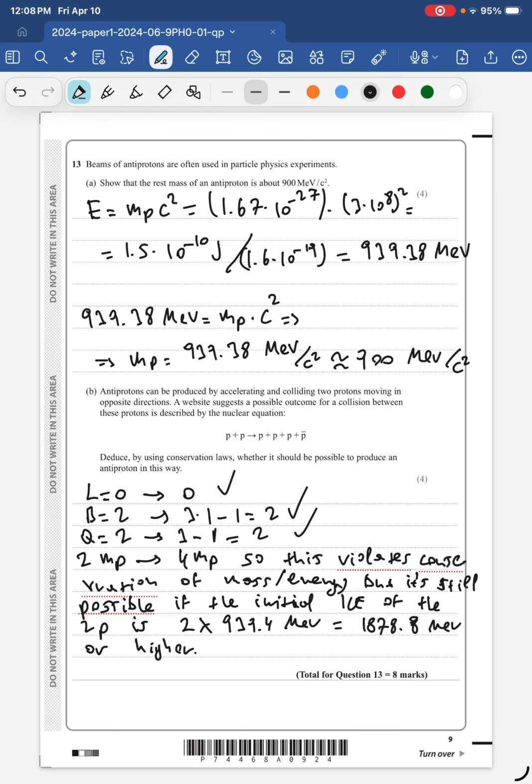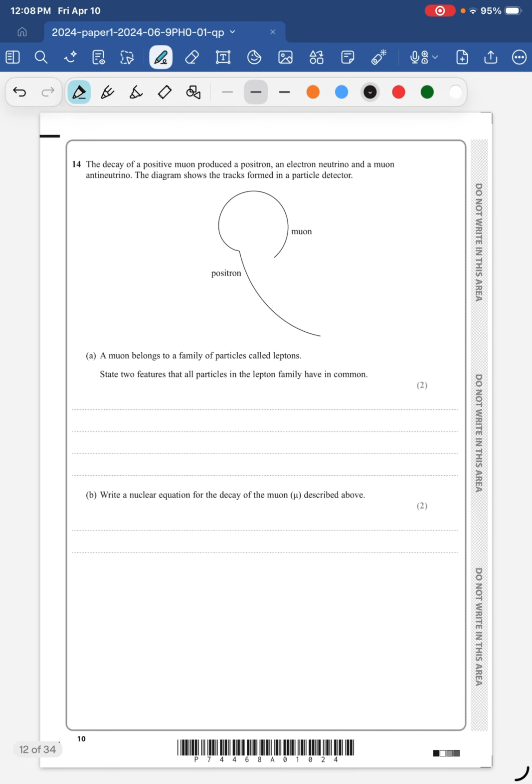Let's move on to question 14 now. Question 14 is another particle physics question. Okay, so the decay of a positive muon produced a positron, an electron neutrino, and a muon antineutrino. The diagram shows the tracks formed in a particle detector. So you can basically see that you have the muon moving in this direction, right?